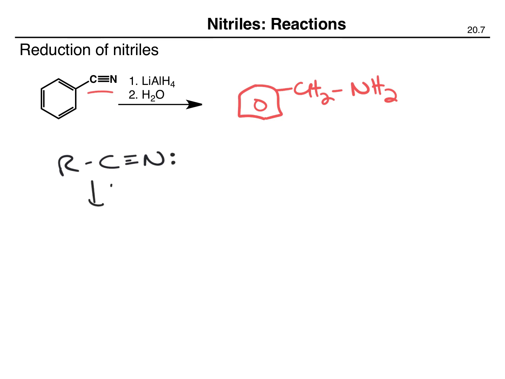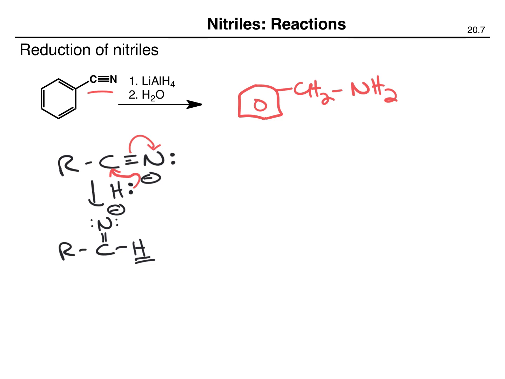So keep in mind, lithium aluminum hydride is a source of hydride ion. And so this can donate its electrons to the nitrile carbon, pushing these electrons onto the nitrogen. So now we have 2 lone pairs on the nitrogen, and it has a negative formal charge. And the carbon is now connected to a hydrogen, which came from the lithium aluminum hydride.